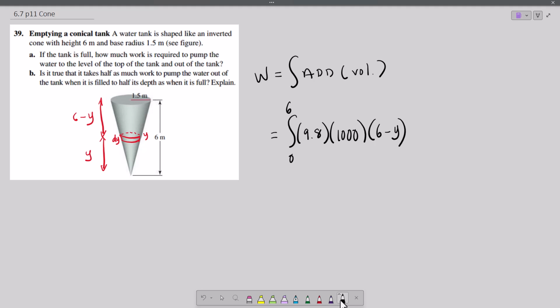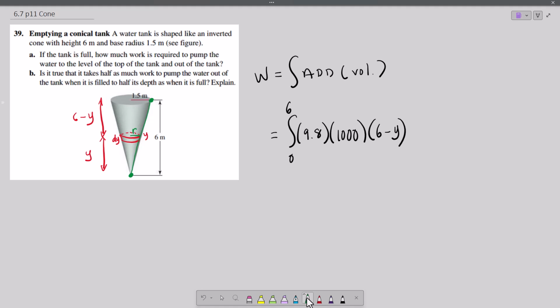Now we need the volume of the slice. So we need to know the radius. This cone has varying radii, depending on where you draw your cross section. So what we need is this function that represents the right edge of the cone, and we need to solve that for an x to measure horizontal distance.